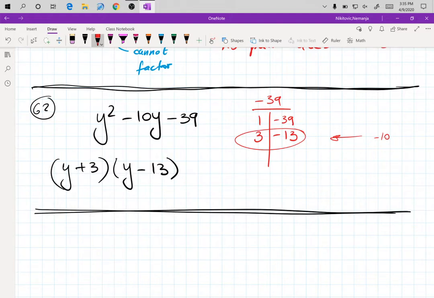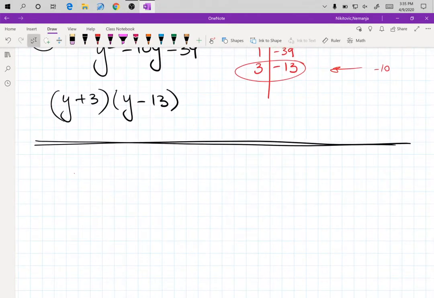So here's an example. Let's go with 5x squared. Let's give some kind of title over here. Converting. Let's just say a different than 1.